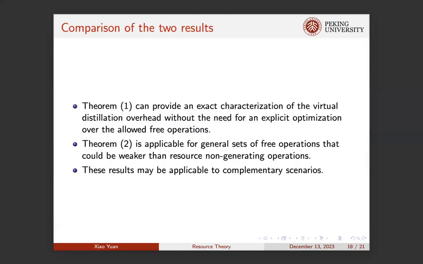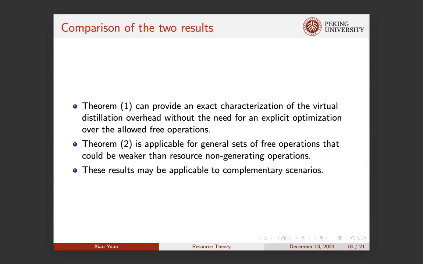So here we have two results, but they are complementary to each other. The first one provides an exact characterization of the virtual distillation overhead with some explicit SDP, and here we do not need to optimize the free operations. While theorem 2 is applicable to general sets of free operations.